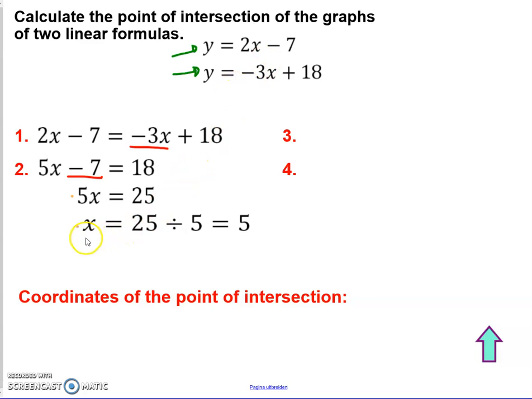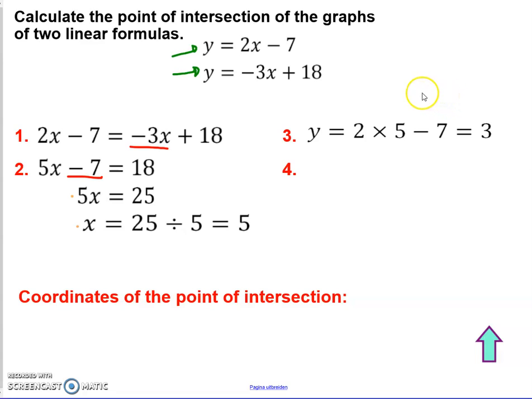I'm going to fill in my solution for x to calculate the y value. Y is equal to, at the place of this x, I'm going to fill in 5. 2 times 5 minus 7. I'm just filling in the first formula. And then I'm calculating the y value. 2 times 5, that's 10, minus 7 is 3.